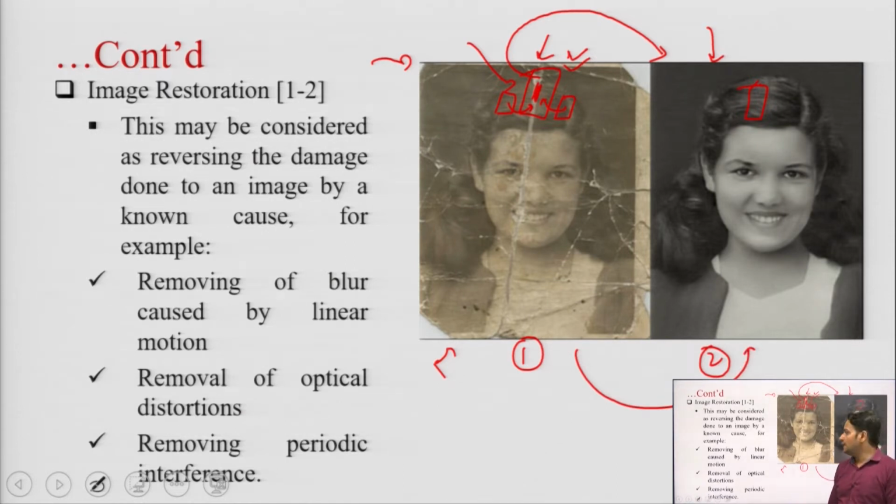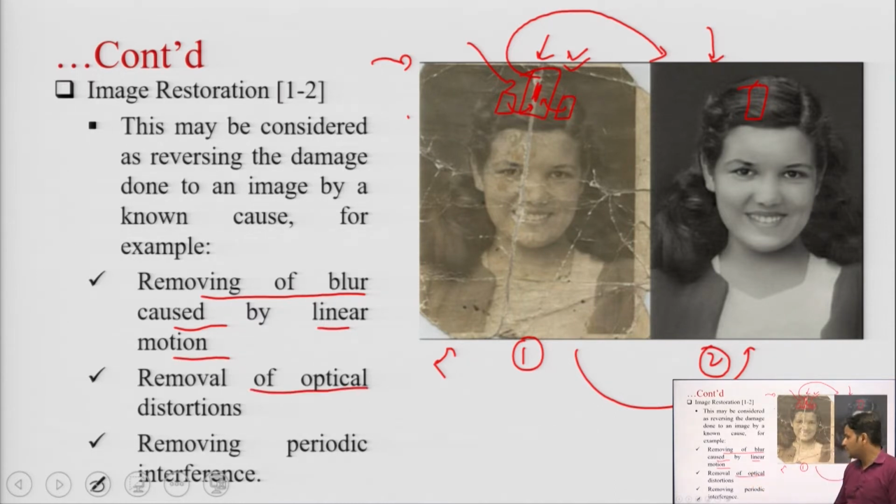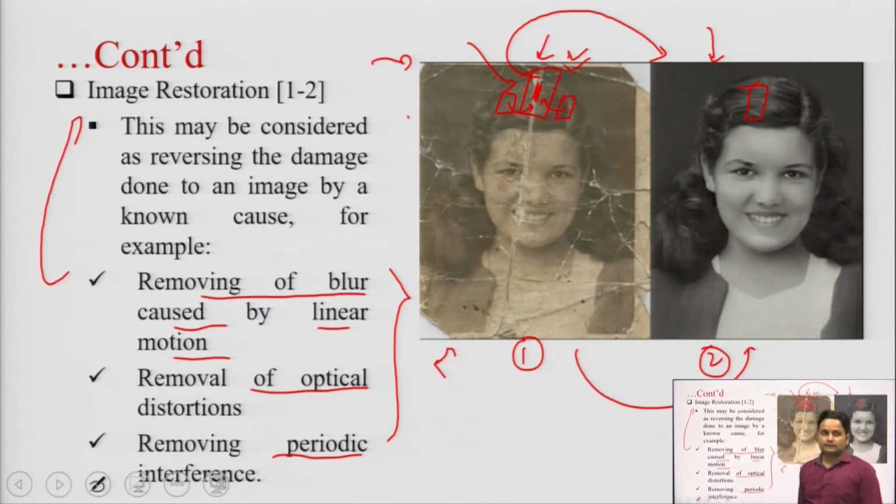So, restoration is one kind of image enhancement, by which a broken portion, or a portion which is not present there, you can also identify using the restoration process. So, removal of blur caused by linear motion, removal of optical distortion, or removing periodic interference, these kinds of processes you may observe related to image restoration as well as image enhancement.